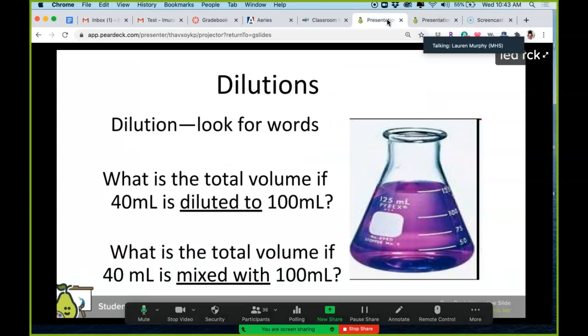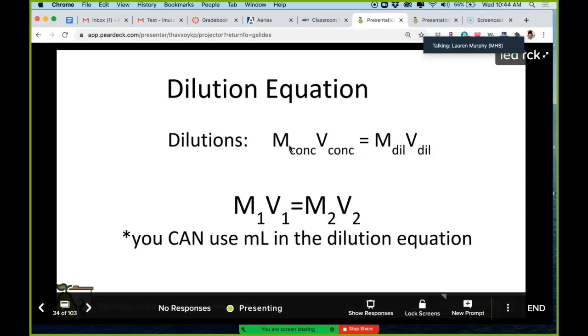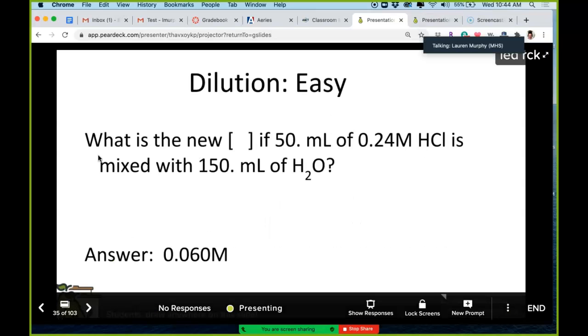Okay, so there is an equation. This one is not on your equation sheet. It's M1V1 = M2V2, where if you know 3 of the 4 variables, you can solve for the 4th. So this is a beginning concentration, beginning volume, final concentration, final volume. Okay, so here we go. Let's do an easy dilution problem.